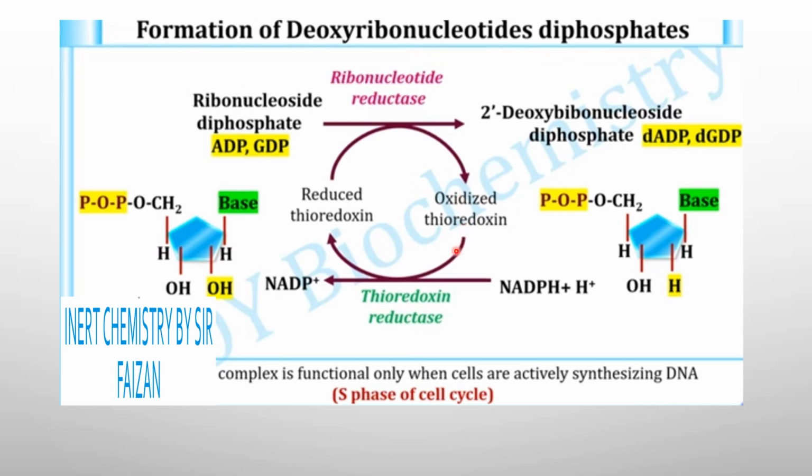To convert the oxidized thioredoxin back to reduced thioredoxin, the thioredoxin reductase enzyme is used and an NADPH molecule is used. Remember that both this ribonucleotide reductase and thioredoxin reductase complex are functional only when cells are actively synthesizing DNA, meaning in the S phase of the cell cycle.